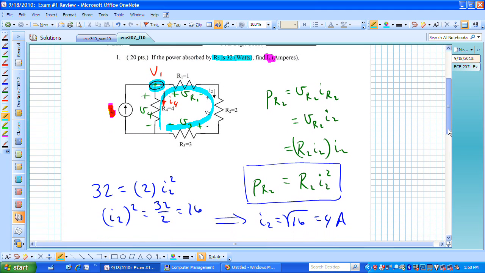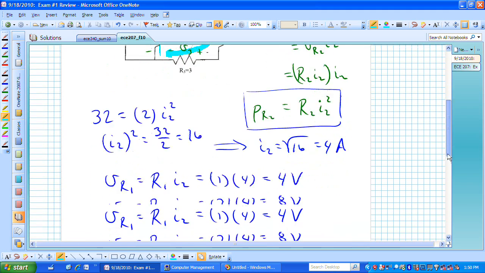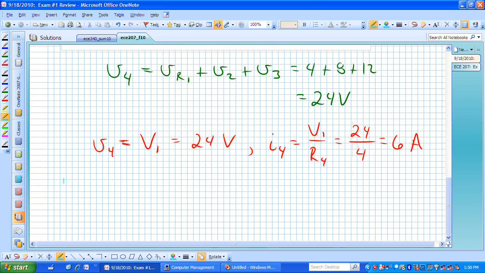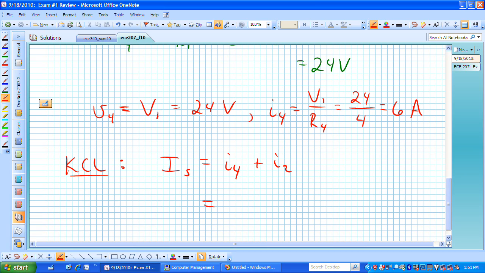If we now apply KCL at that top node, we have the input current coming in, I sub S, to that node, I sub 4 going out, and I sub 2 also going out. We just calculated I sub 4, that was 6 amps. I sub 2 we calculated to be 4 amps. And now we know what the source current actually is. It's 10 amps. And that's really what we needed to find for this particular problem.